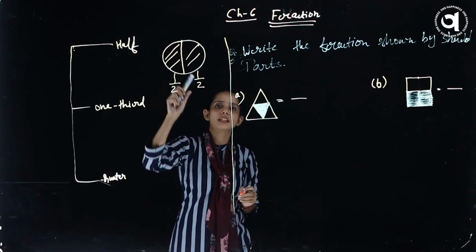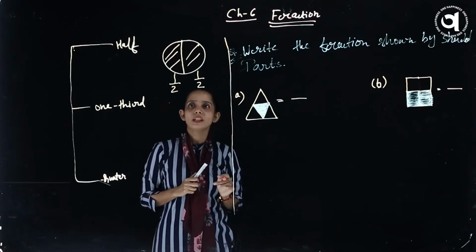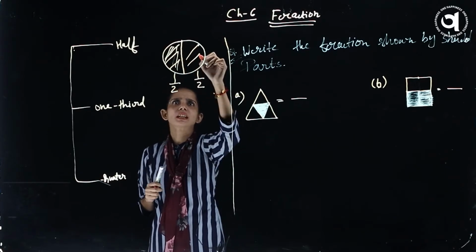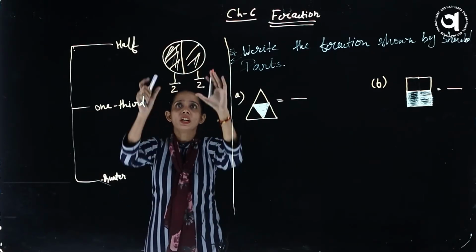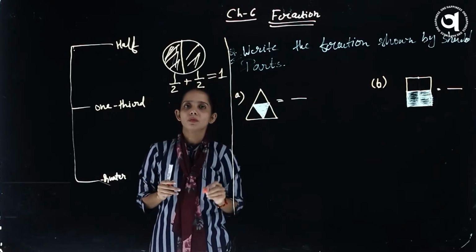Here 1 represents the numerator and 2 represents the denominator. 1 is the half part of this and 1 is the half part of this. When I add both the parts, the answer will be 1.